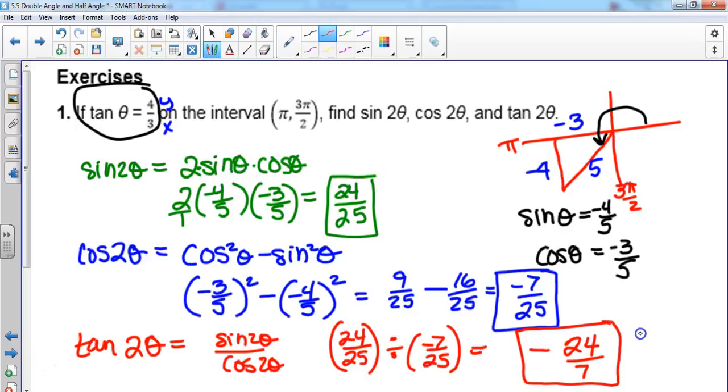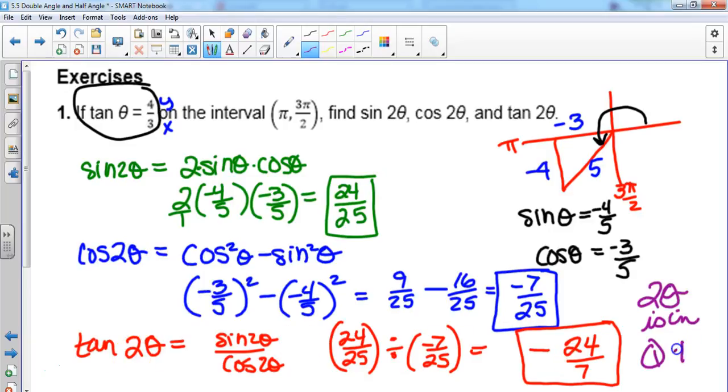All right, can anybody tell me what quadrant 2 theta lies in? The sine is positive, the cosine is negative, and the tangent is negative.